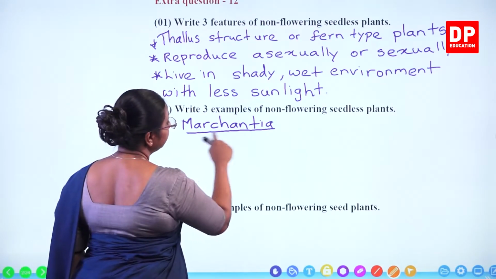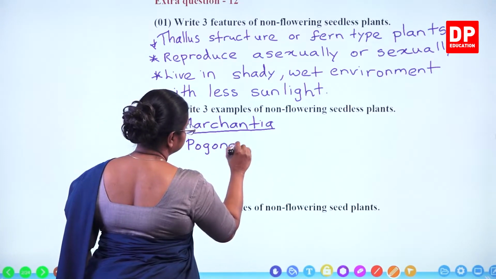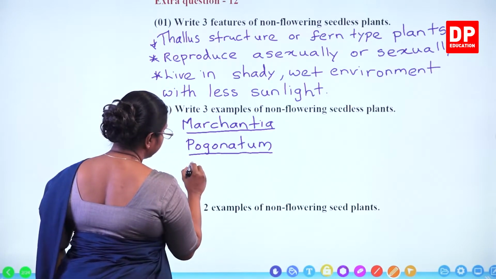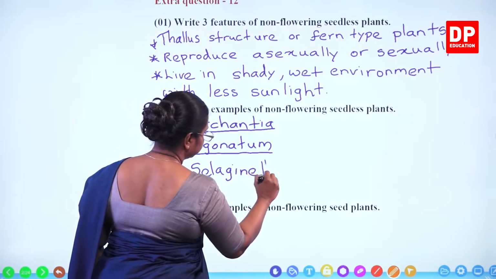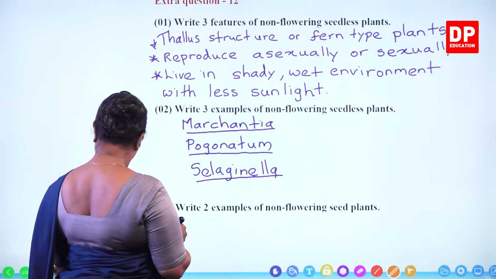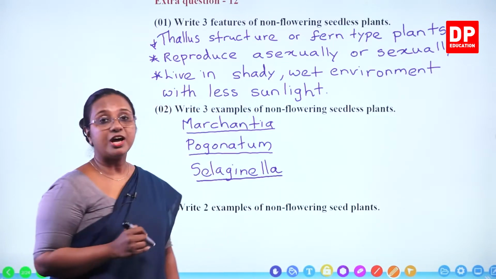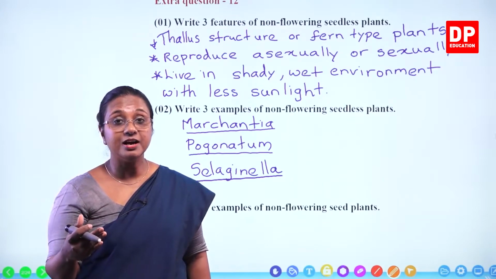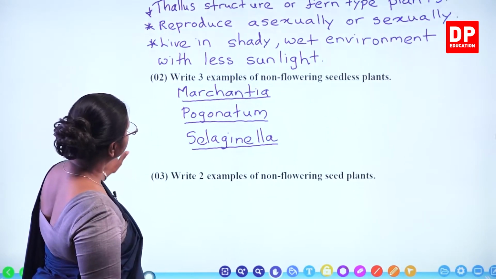So handwritten, then we have to underline. Pogonatum. Again, scientific name. And also Selaginella. You can even write Nephrolepis, Acrostichum, Drynaria, Salvinia. All those are examples.